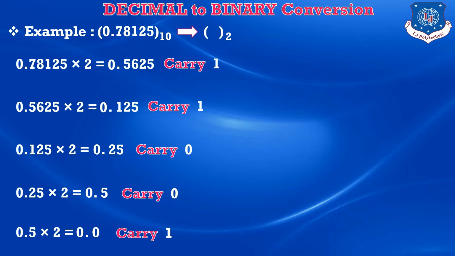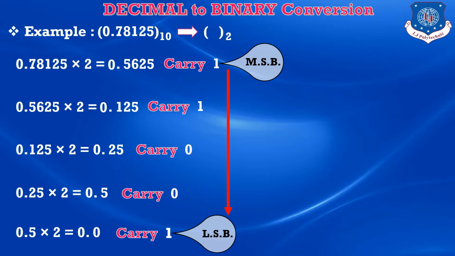Now we assign LSB and MSB to the remainders. There is a change in position of LSB and MSB. Here, MSB is the uppermost remainder and LSB is the lowermost remainder. This arrow indicates the downward positions of the remainders for the answer.